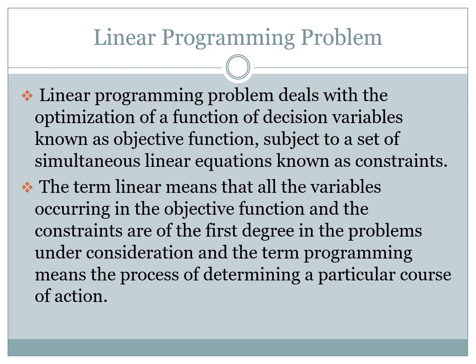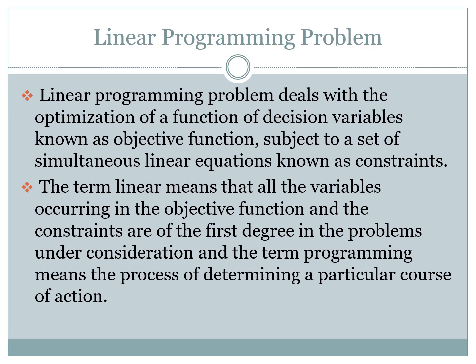The linear programming problem deals with the optimization of a function of decision variables, known as the objective function. Decision variables are the variables whose values determine the solution of a problem. This is subject to a set of simultaneous linear equations known as constraints.